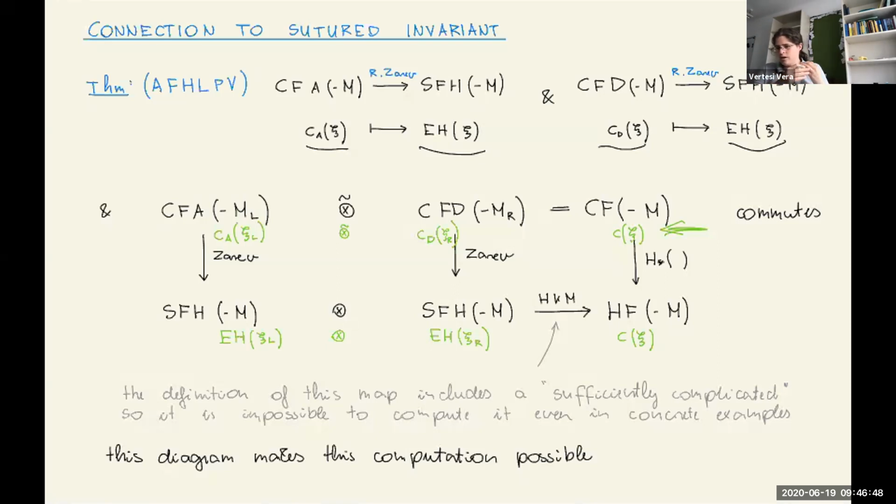And because somehow this sufficiently complicated is not practically checkable, the OR definition is more complicated: everything it does is that it makes this sufficiently complicated something which is checkable.